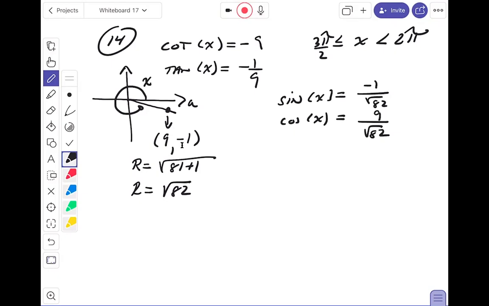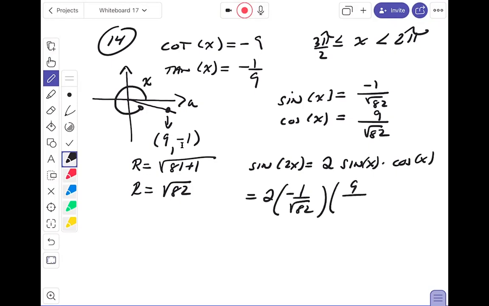All right. Again, we have answer keys. By having an answer key, I certainly would like to know what the result is. Their first question is, what's the sine of 2x? Well, it's going to be 2 sine x times cosine x. What's sine x? Minus 1 over root 82.